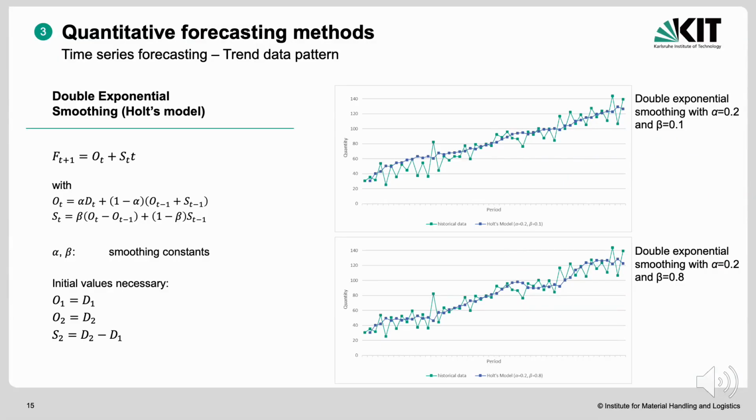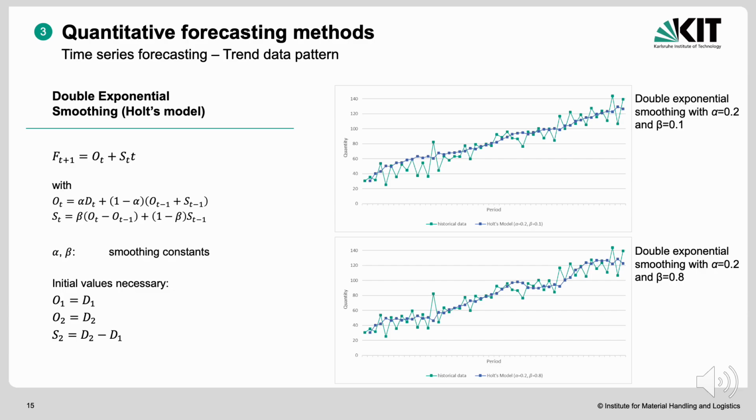We can also do time series forecasting with a trend data pattern if we do a double exponential smoothing, also known as Holt's model. In this case, we say that the forecast F in the next period t plus 1 is an offset at t plus a slope at t, times t.